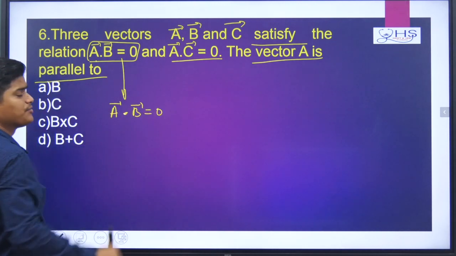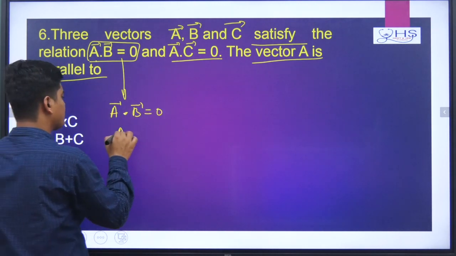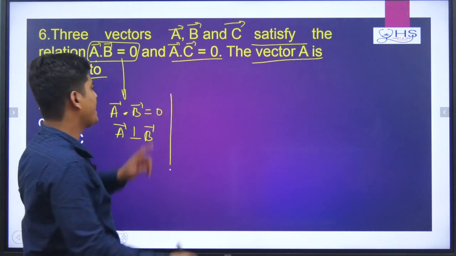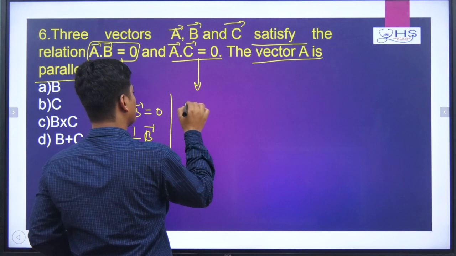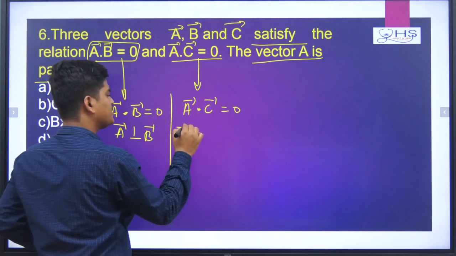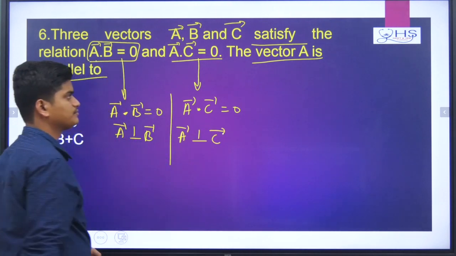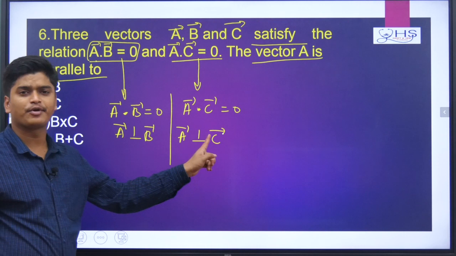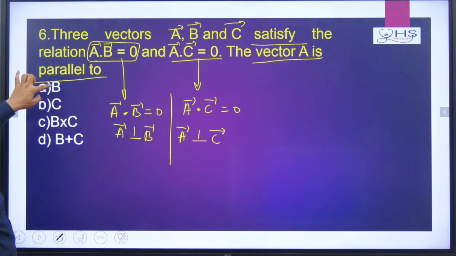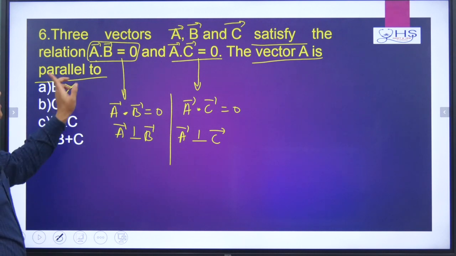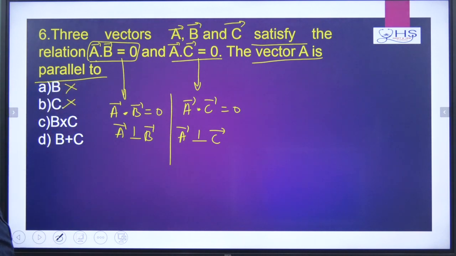When A dot B is 0, vector A is perpendicular to B. And A dot C is 0, so vector A is perpendicular to C vector. So definitely vector A is perpendicular to B and perpendicular to C from these conditions. So option A and option B are not correct. It cannot be parallel, it will be perpendicular to B and C.